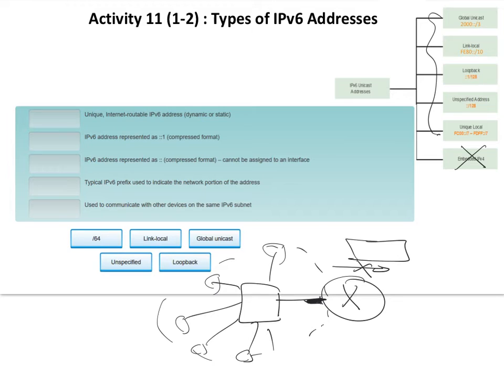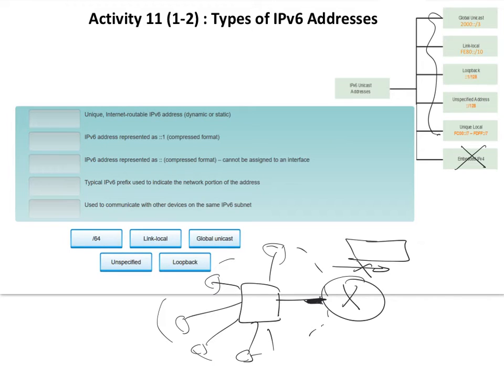One case is that a node may not have a permanent IP address yet, yet it wants to communicate with some other nodes, either in the local network or outside. In that case, it may use the unspecified address in the source when it sends the packet. But of course, it cannot use it in the destination, because then the packet will go nowhere.